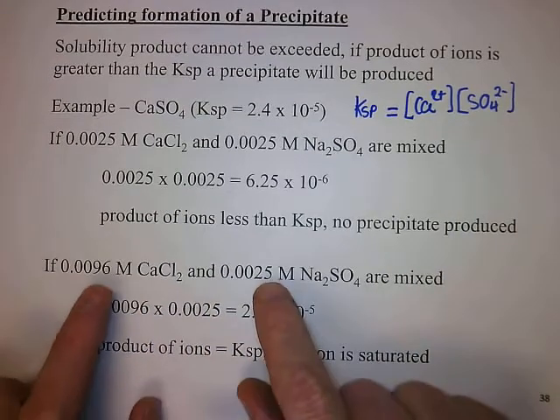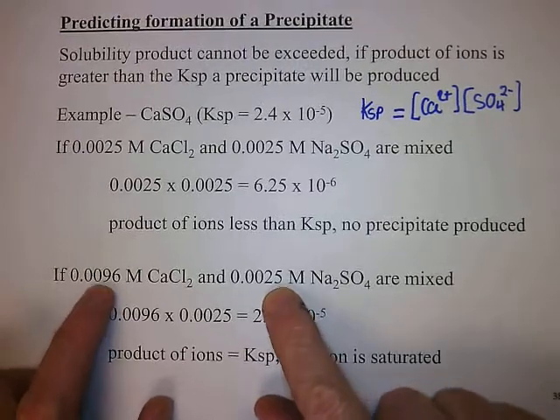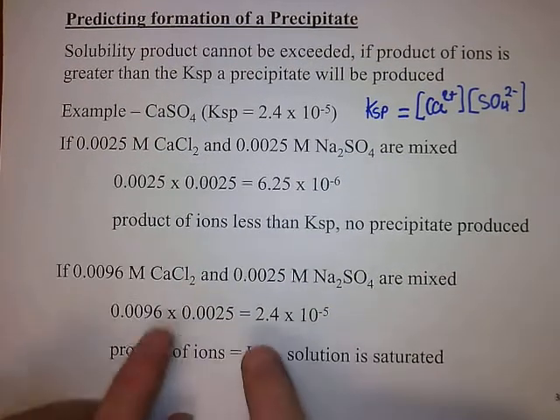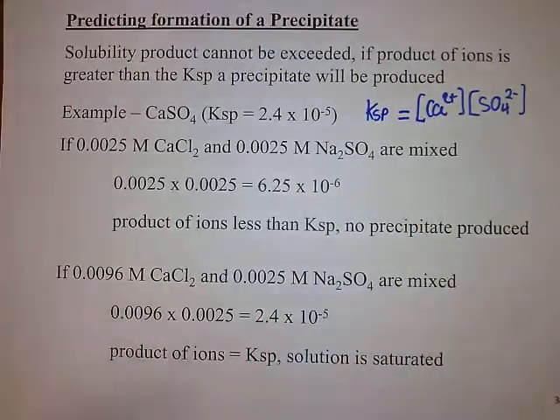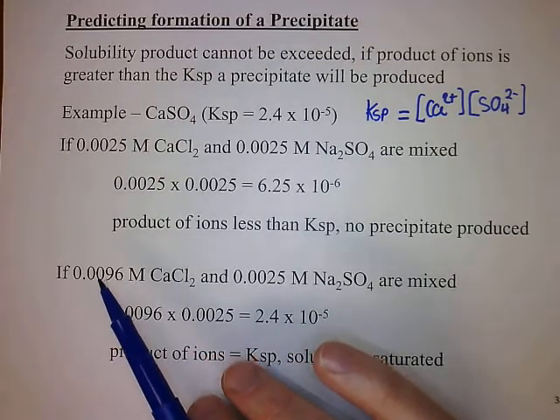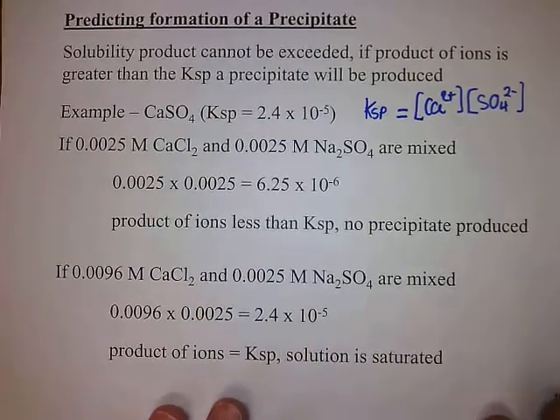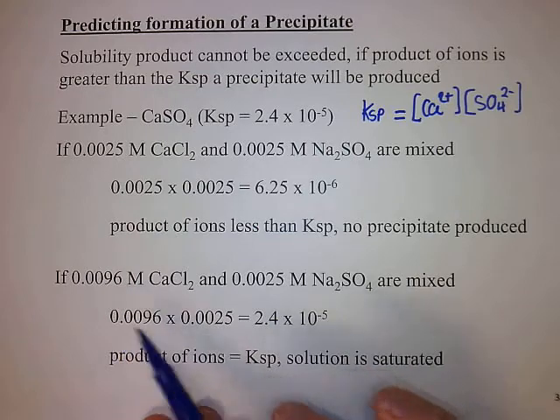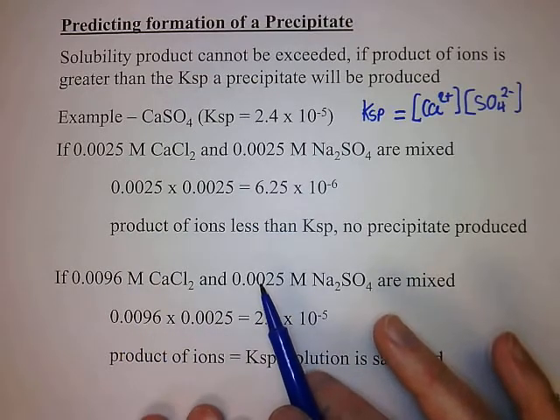So if either of these concentrations were bigger than this, then we would get a precipitate, because the product of the ions would be bigger than the KSP, which is not possible. Which means the ions would start coming out of solution. So let's say, I didn't work a third example here, but let's suppose this were 0.0096 and this were 0.0096, right?